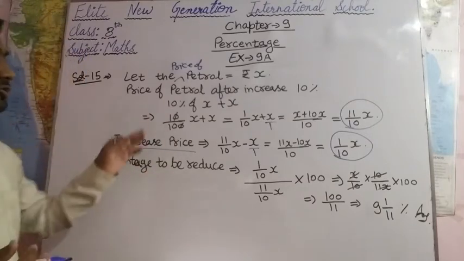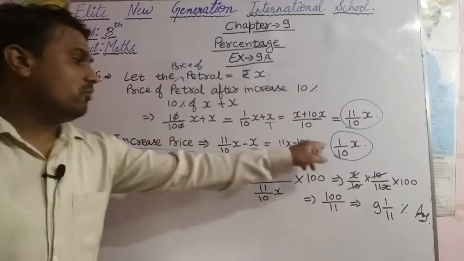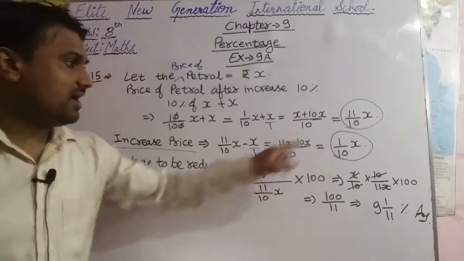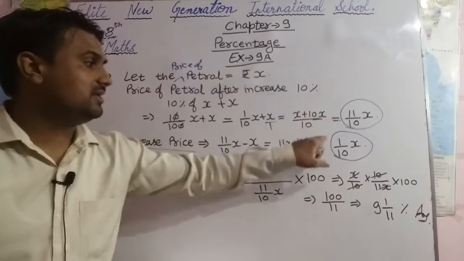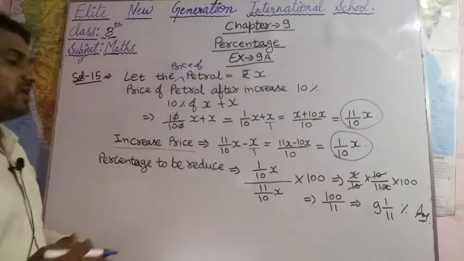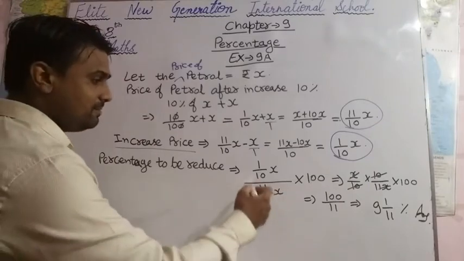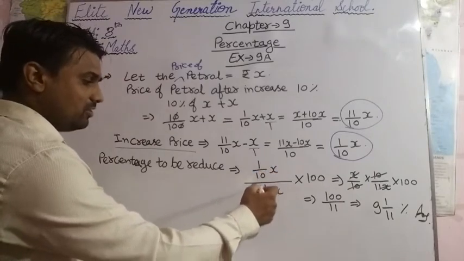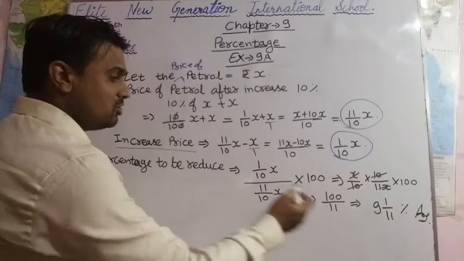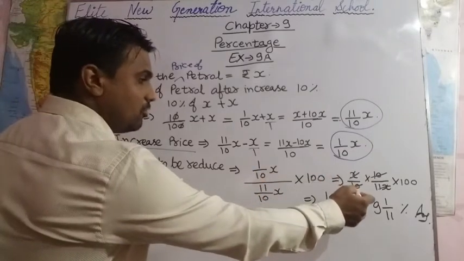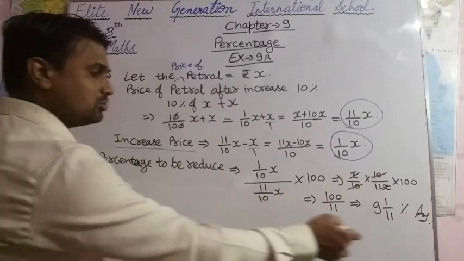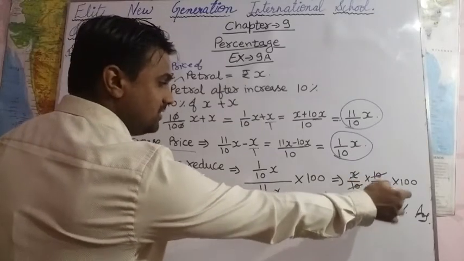So the percentage to be reduced will be 1 upon 10x divided by 11 upon 10x into 100, because we have to find the percentage of these two terms. Solving this, it will be 1 upon 10x, with the reciprocal, so 10 upon 11x into 100.